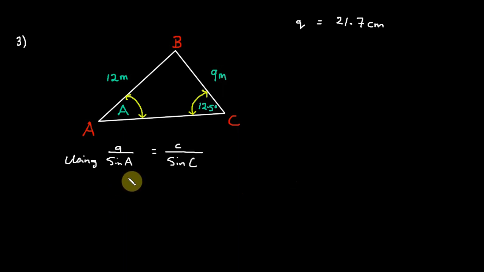Side A is 9 meters. We need to find sine A. The side C is 12 meters. And angle C is 12.5 degrees.